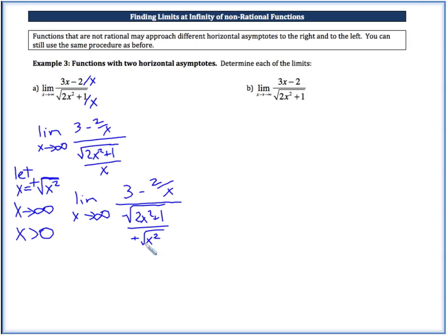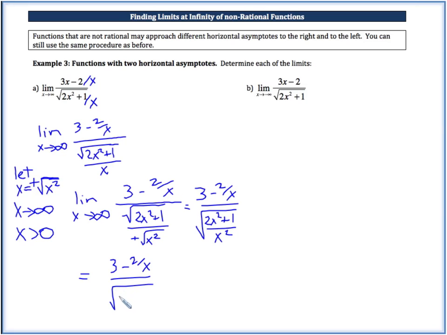Now I can divide these two and put them under one radical symbol, just like this. So 2x squared plus 1 over x squared, and I can rewrite it again as the square root of 2 plus 1 over x squared.